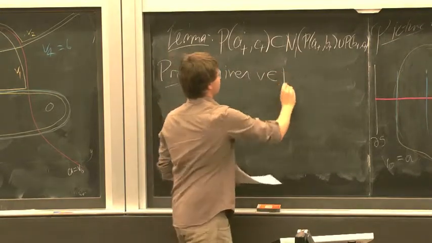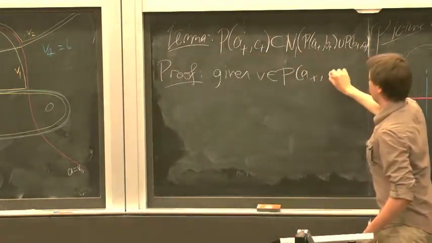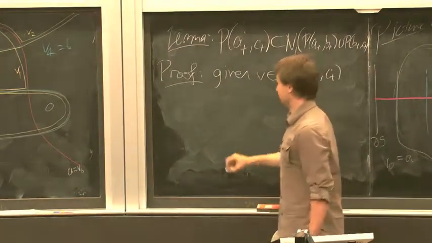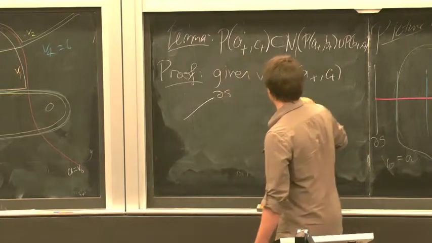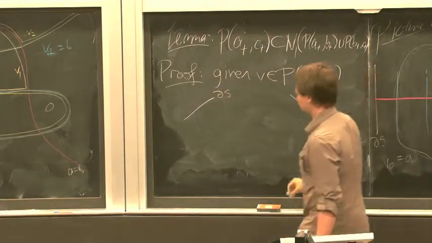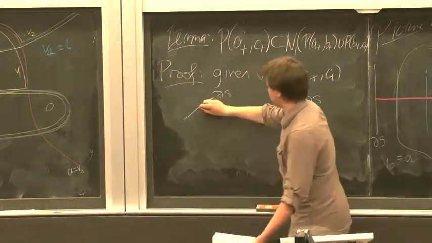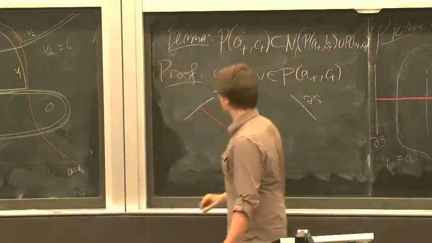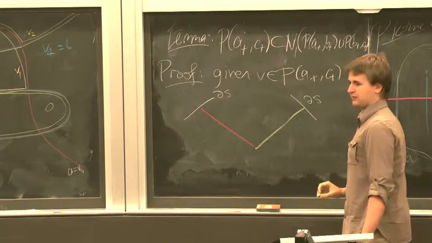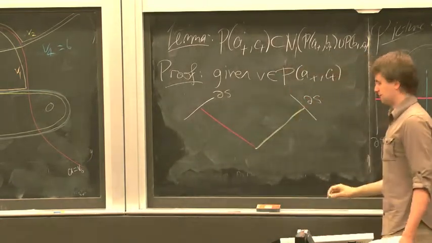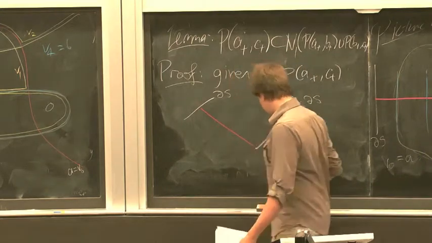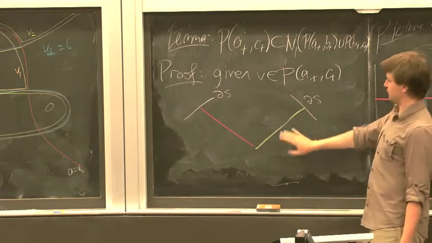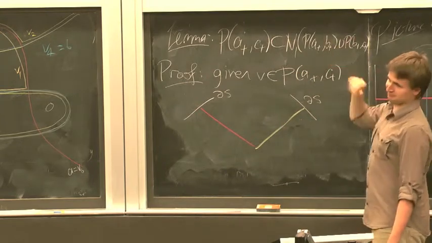So given some uniform arc in this path, draw a picture. Okay, so V is just some arc of A, and just some arc of C. Okay, is A plus, is C plus. And now we draw B. Now if B is disjoint from this arc, then we're done.